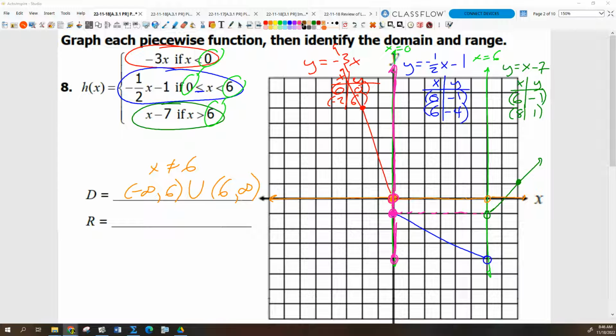And so what's my overall range then? If I look at the range of all those pieces combined, Johnny, what do we get? -4 to infinity, good. Parenthesis or bracket with the -4? That's open.